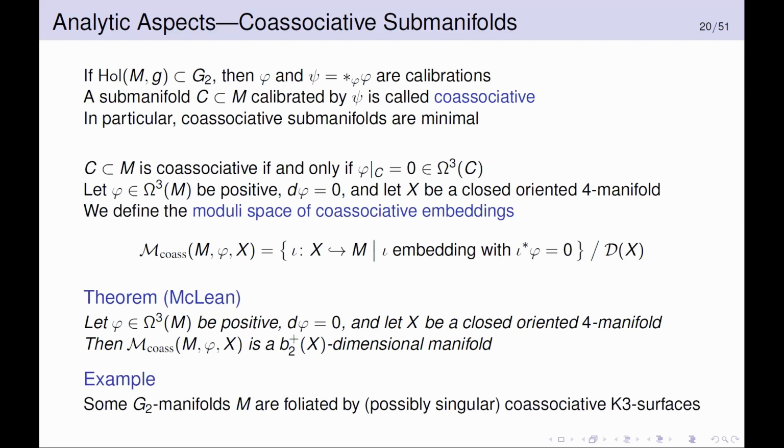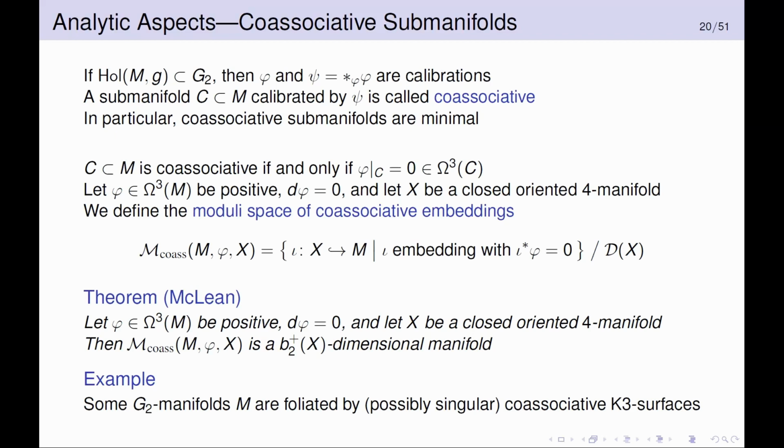Assume X was a K3 surface. Then you know that b2 plus is exactly 3. Also, you know that it's the hyperkähler complex structures on the K3 surface which give you this b2 plus, and they vanish nowhere.